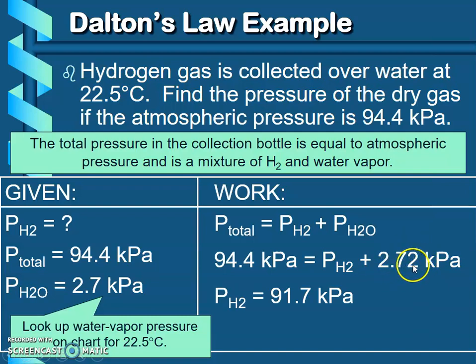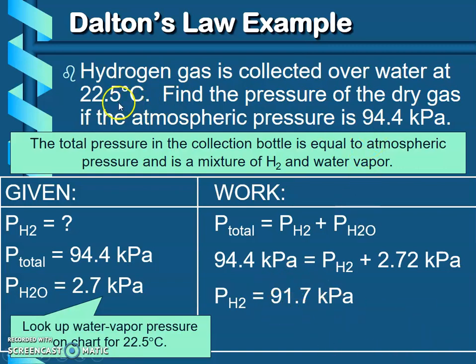My apologies there. Okay, and then we simply solve for the x. So to get the unknown, we have to do the opposite. So this is saying plus 2.7. So we need to subtract 94.4 minus 2.7 to get our total, which will be 91.7 kilopascals.